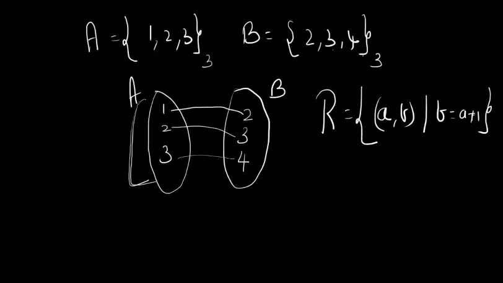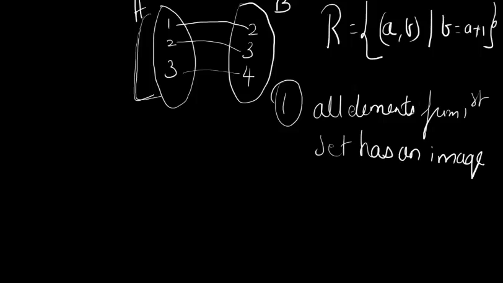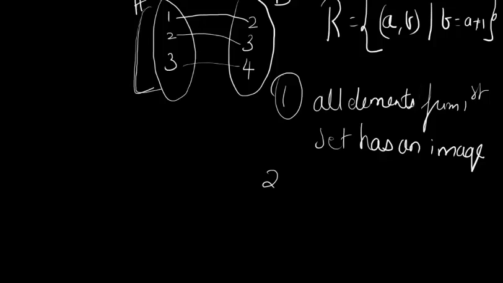Okay, so what is the first condition? The first condition is that all the elements from the first set have an image. So you know what an image is, right? This will be called the image, and these are called the pre-image, and they have a unique image.